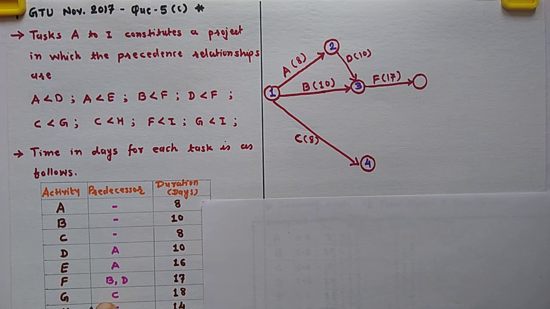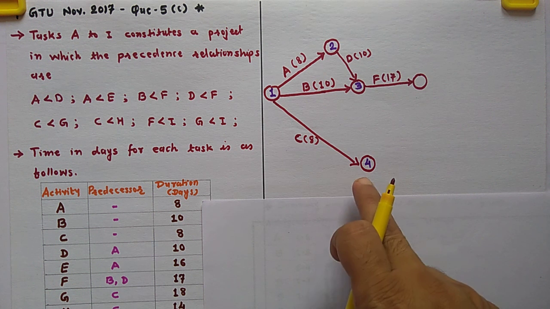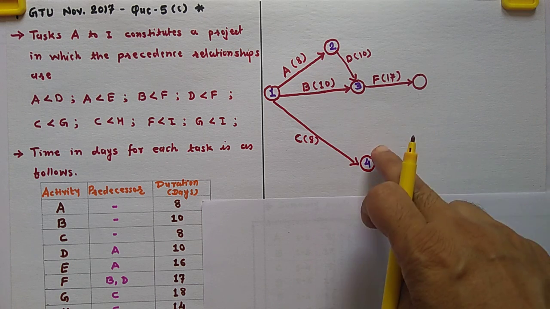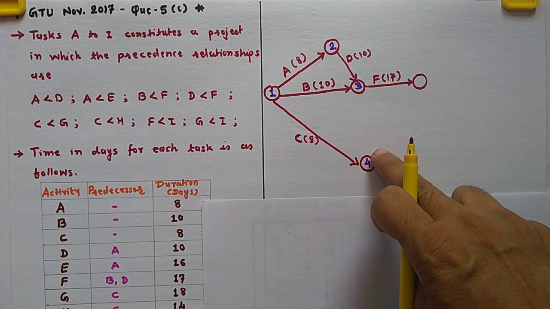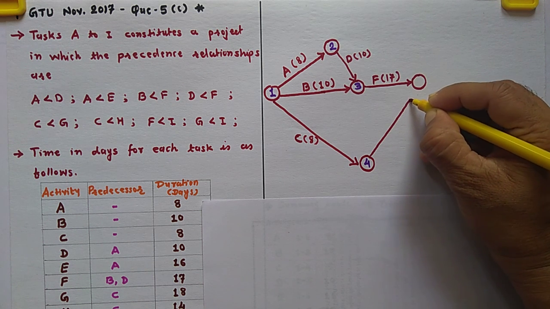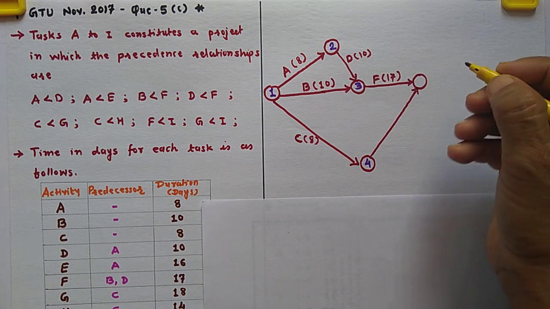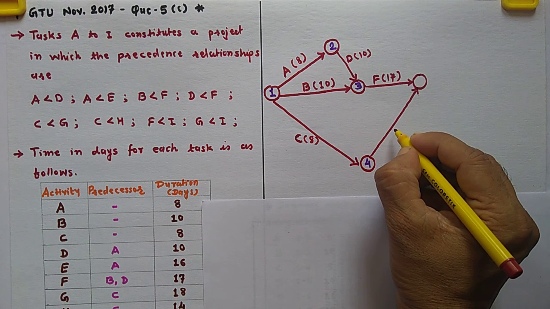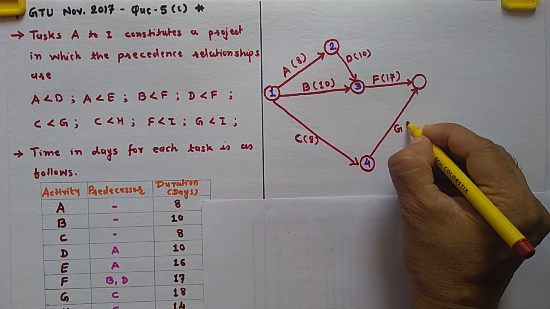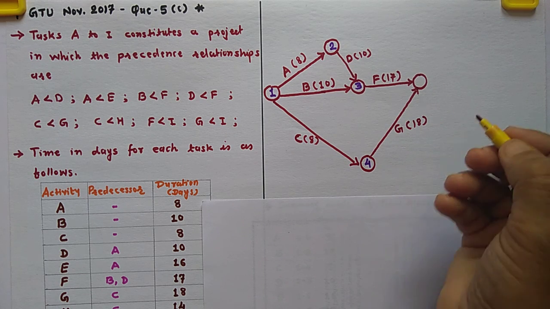Then activity G, predecessor C. But F and G will merge, so we have to draw activity G in this direction, merged into this event. This is activity G and the duration is 18 days.